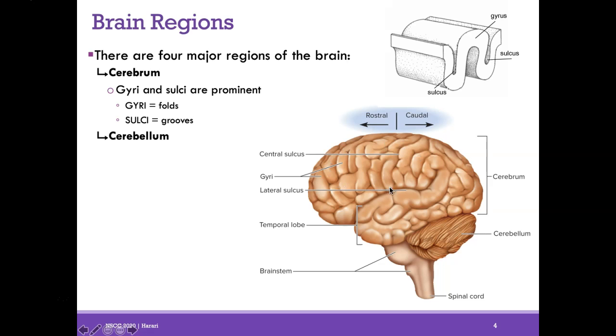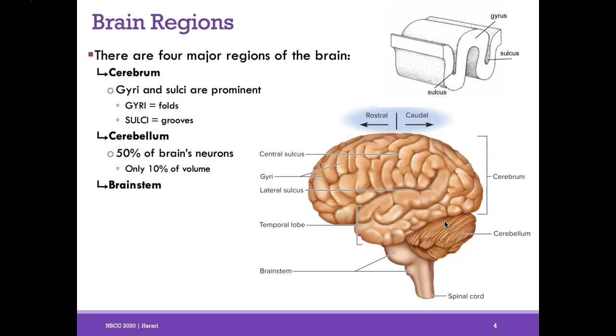So the cerebrum was 80%, the cerebellum about 10%. But what's amazing is that it contains 50% of all the brain's neurons. The cerebellum has half of all the brain's neurons but only takes up about 10% of the volume, which tells you how densely the neurons are packed in the cerebellum.